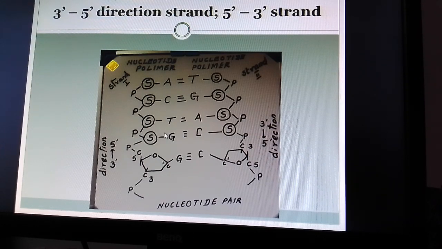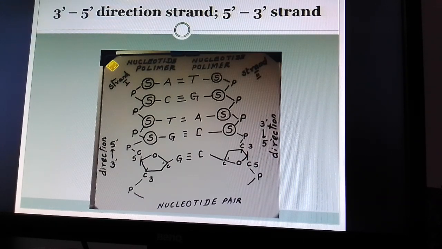So that way, of the two strands, one strand will be called 3-5 direction according to the position of the third and fifth ends of the pentose sugar. So even though the strands are parallel, here the position of the pentose sugar attaching to the phosphoric acid is in reverse condition.